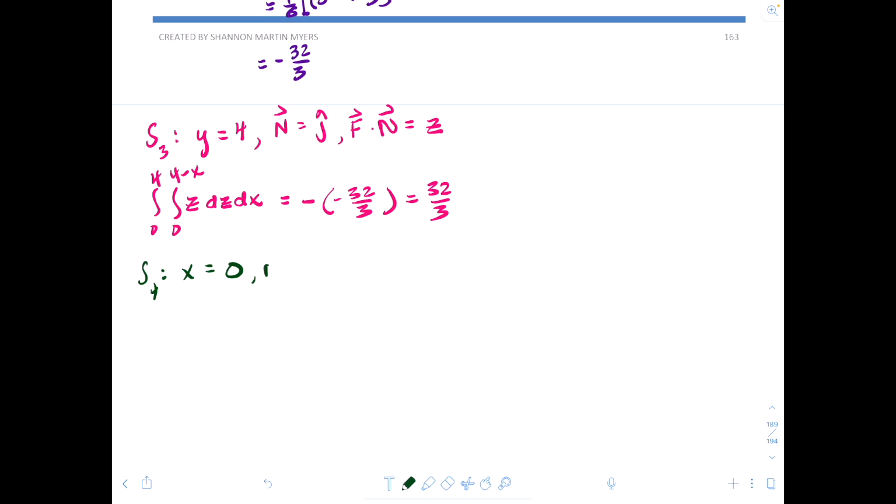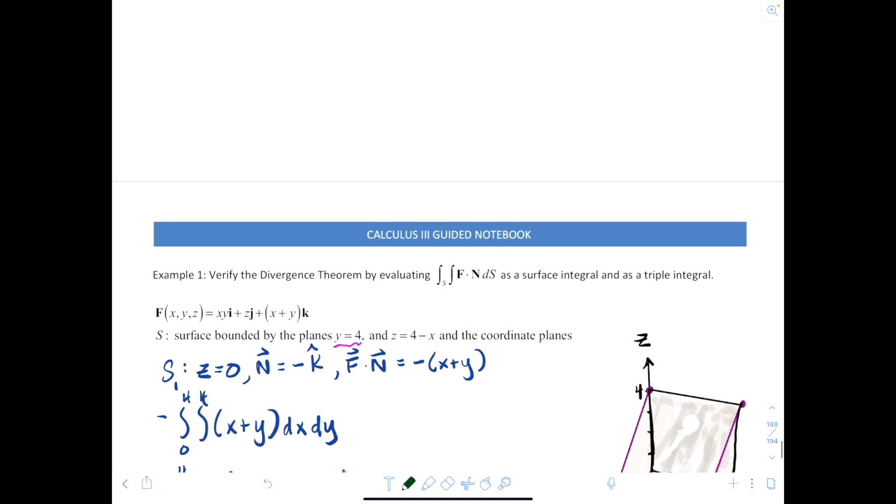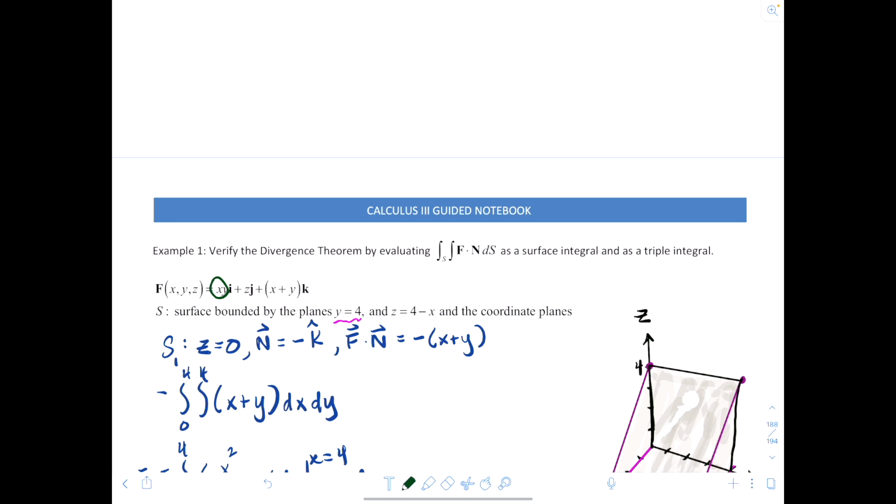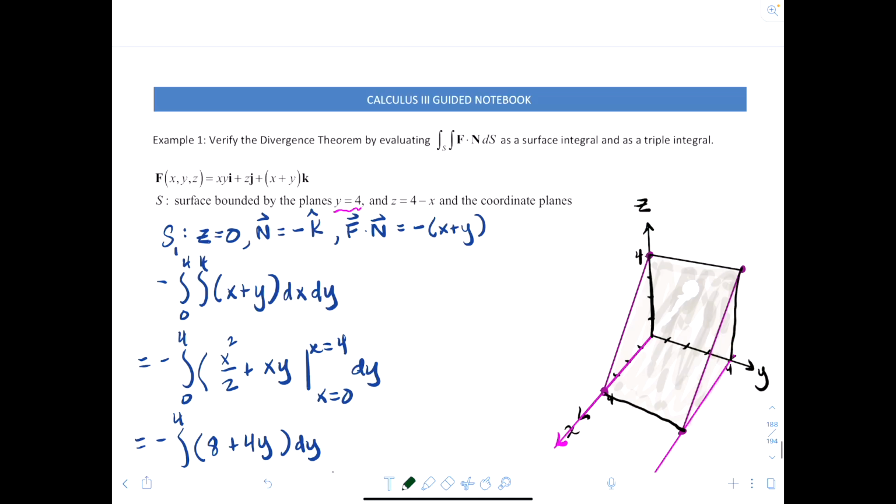So that means n is going to equal negative i. And so the dot product will equal negative x times y, because remember, that was the coefficient to the i term in our vector field.